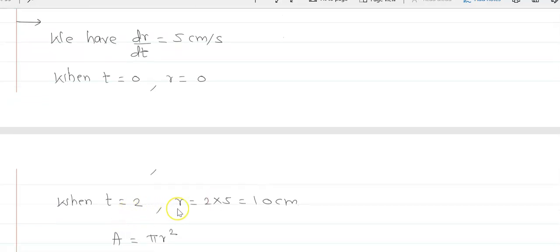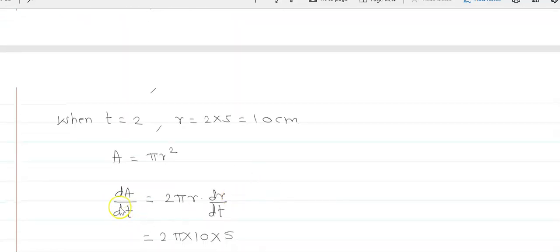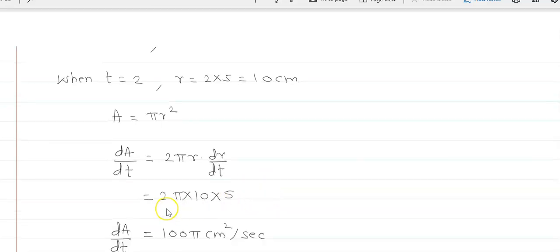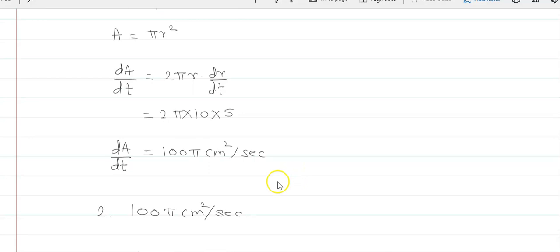When t is equal to 2, r is equal to 2 into 5, that is 10 centimeter. A is equal to pi r square. dA upon dt is equal to 2 pi r into dr upon dt, that is 2 pi 10 into 5. That is dA upon dt is equal to 100 pi centimeter square per second.